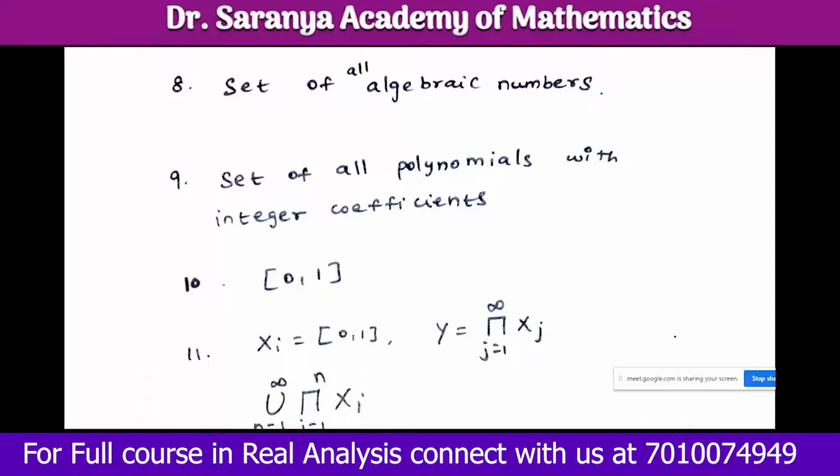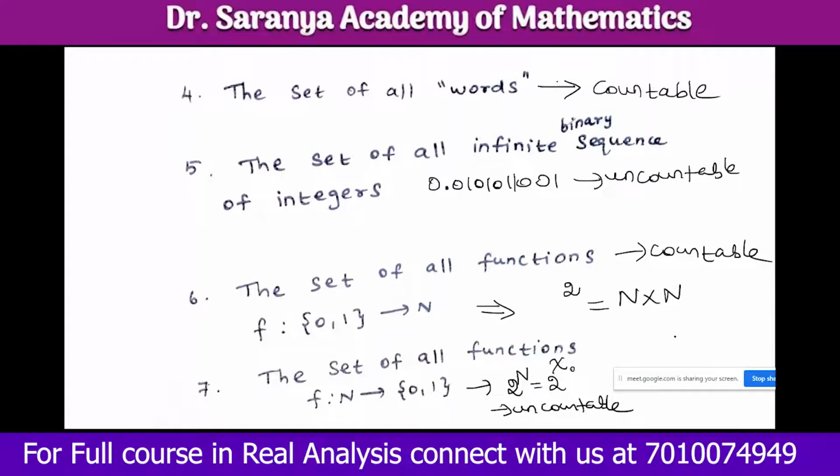Bhuvaneshwari, you missed last time, go first this time. Ma'am, on the sixth question, functions from {0,1} to N. The number of functions is the cardinality of N to the power 2, right?